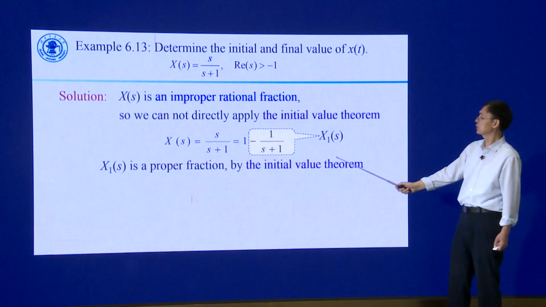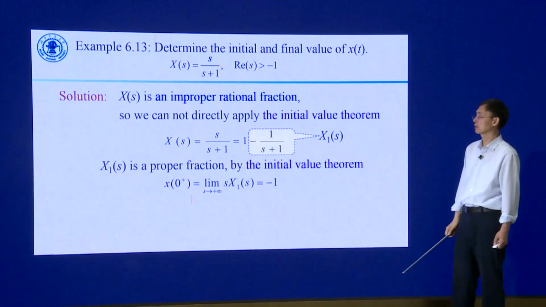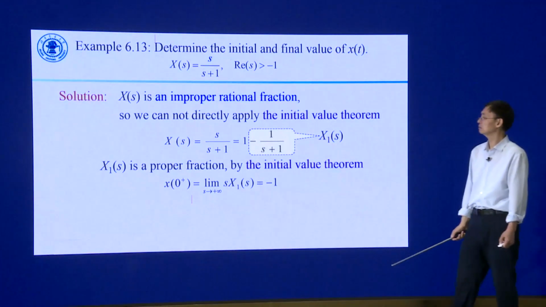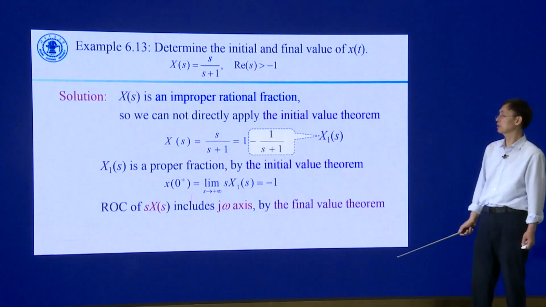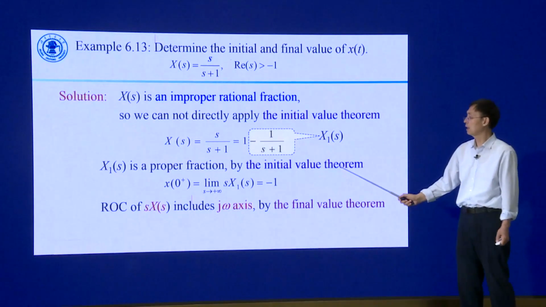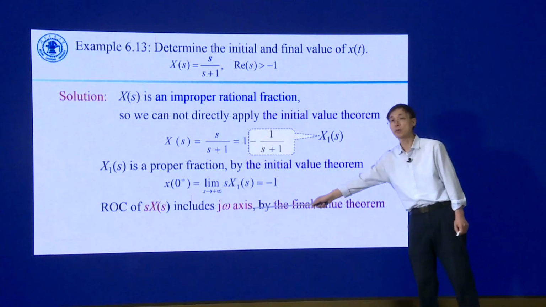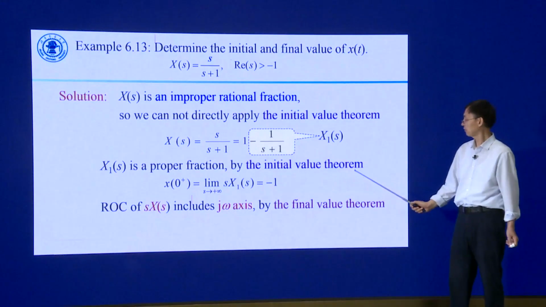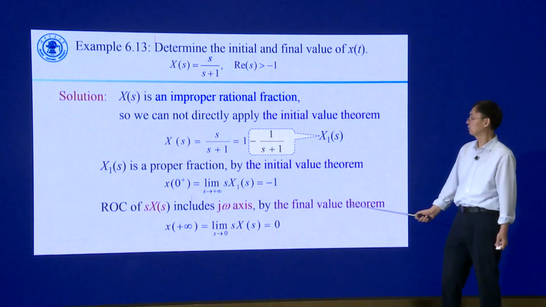Then we can use the initial value theorem to find the initial value for the signal. The region of convergence of s times X(s) includes the j omega axis. So we can use the final value theorem, get the final value for the signal.